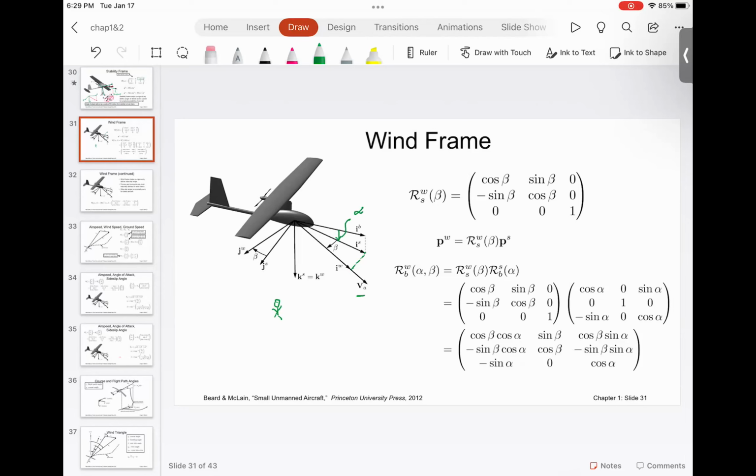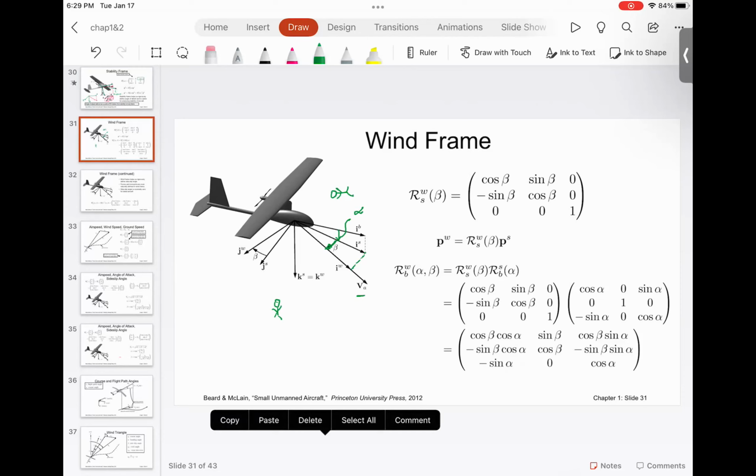If you see from top, you see the projection of the airspeed in here, and that angle is called beta. Everyone understood this? I will explain this once again.